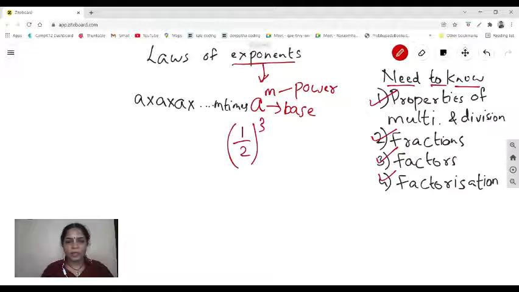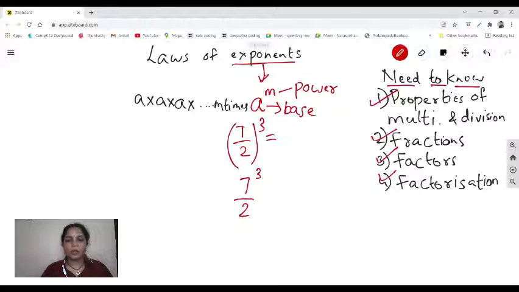Let me take, instead of 1, let me take 7. Okay, 7 by 2 whole power 3. What is the difference? How do we read this? 7 by 2 whole power 3. And children think this is the same as writing like this. Let me explain what's the difference between these two.